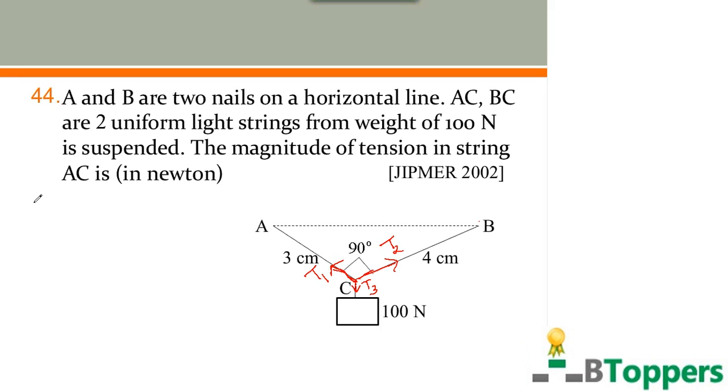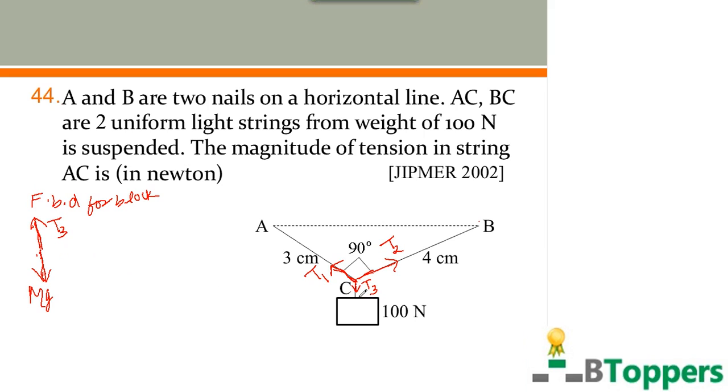If you draw a separate free body diagram for the block, two forces act on the block. One is its weight mg, which has a magnitude of 100 newtons, and the tension force by the string on the block acts upwards, which has a magnitude T3.